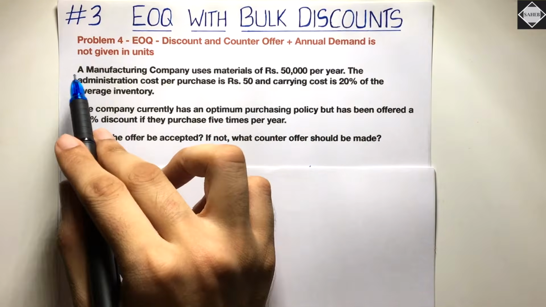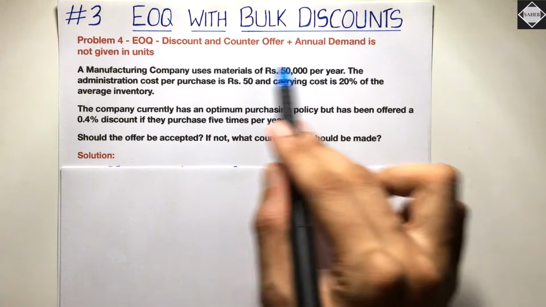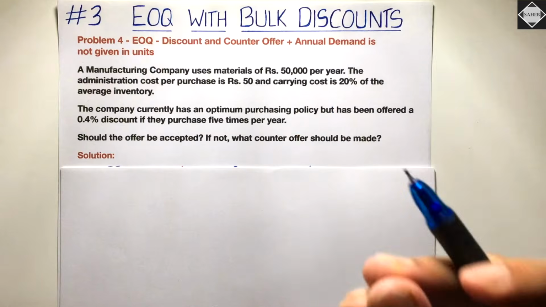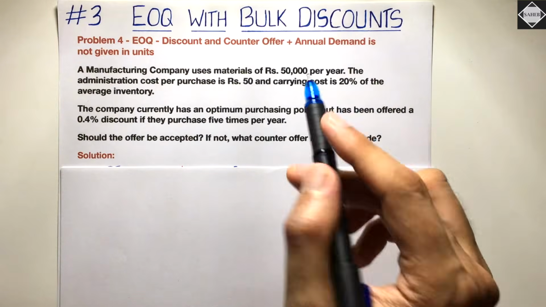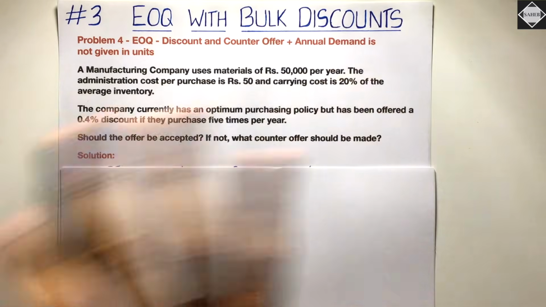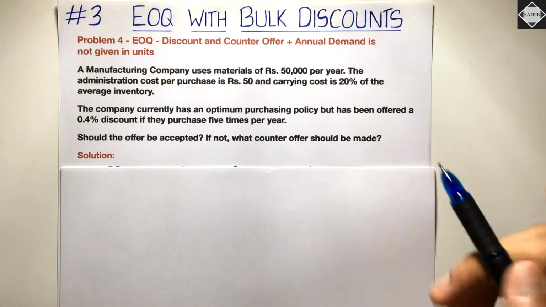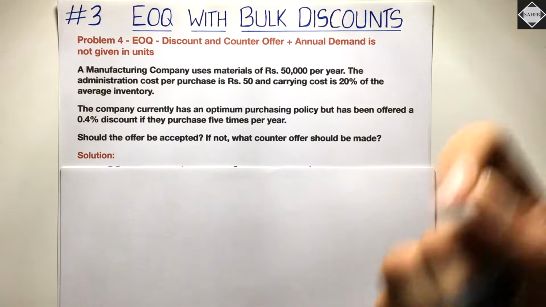Now see here, a manufacturing company uses materials of rupees 50,000 per year. So as you can see, they have directly given you the purchase cost, 50,000. That's our annual demand they are saying. They have not told you how many units. They also haven't given you the purchase price per unit.